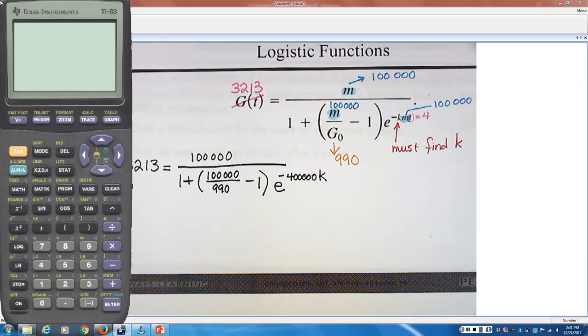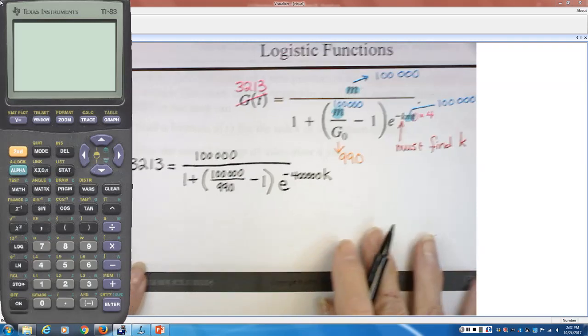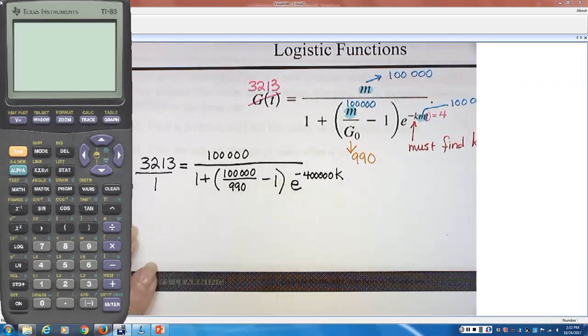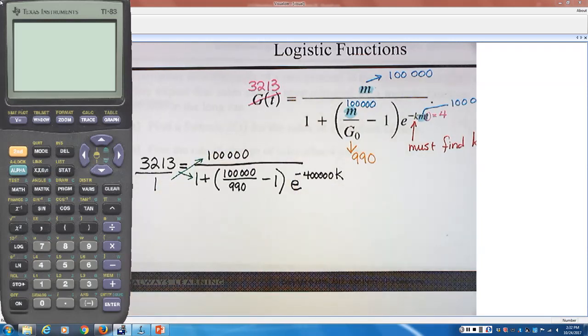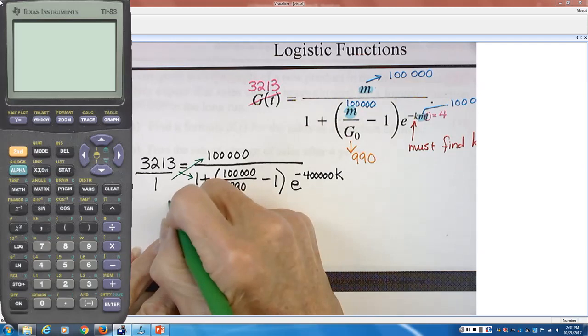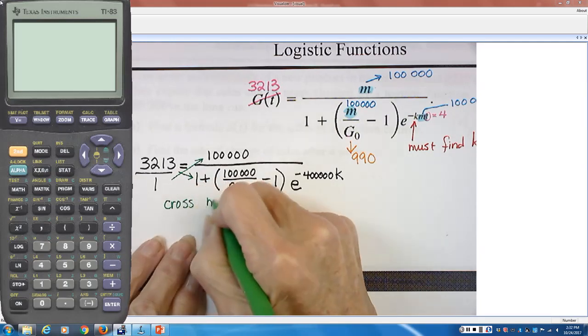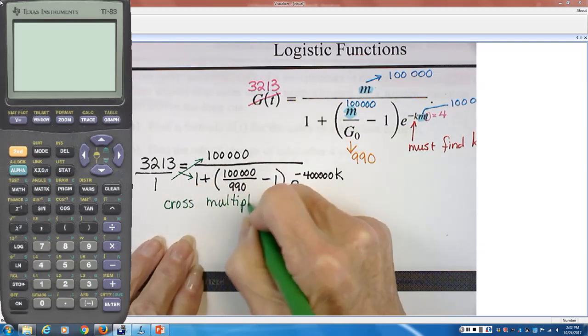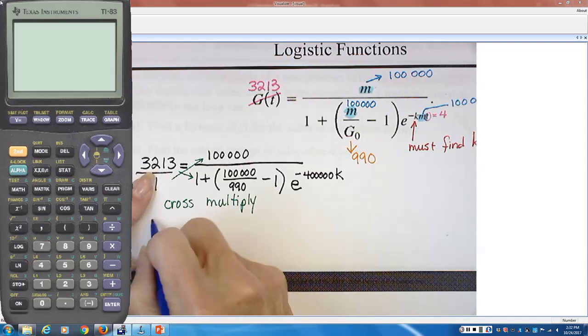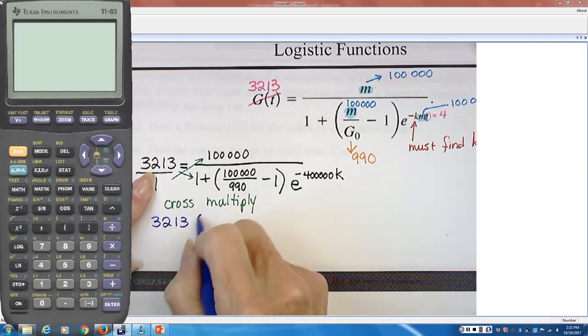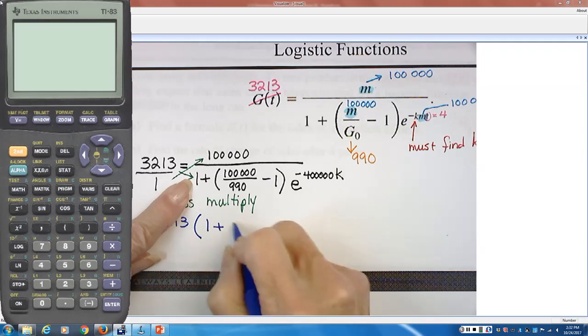Now, the easiest way to start solving that is to recognize that if we have this as 2 rational expressions, the way you solve for an unknown in your rational expressions is you cross multiply. So we're just going to cross multiply. And when we cross multiply, this is what we get. We get 3213 times 1 plus parentheses.